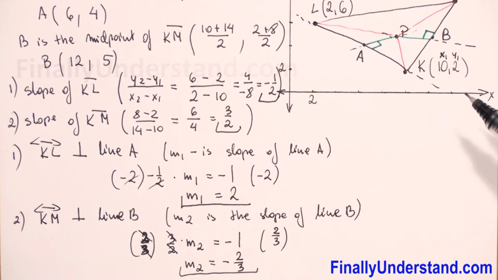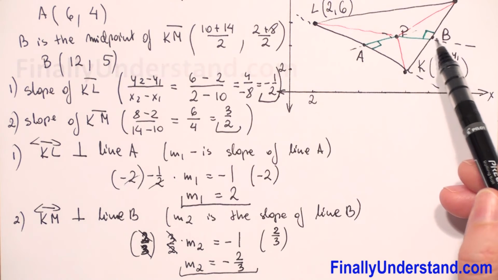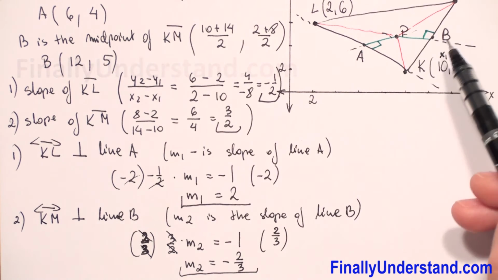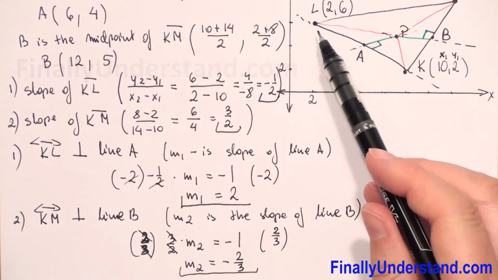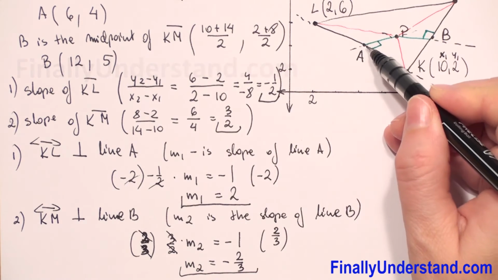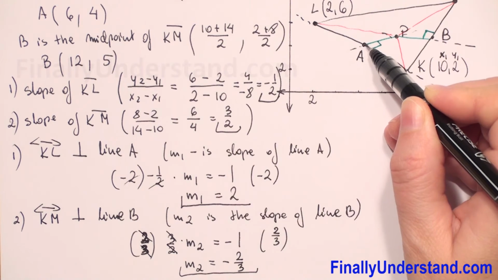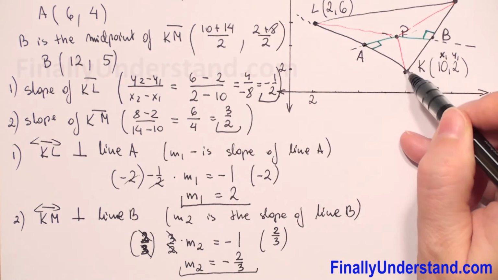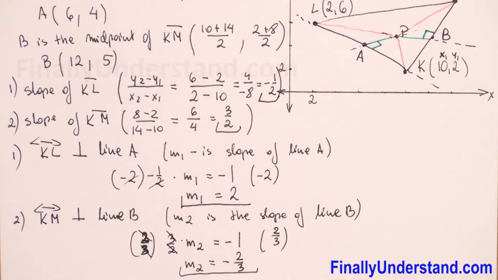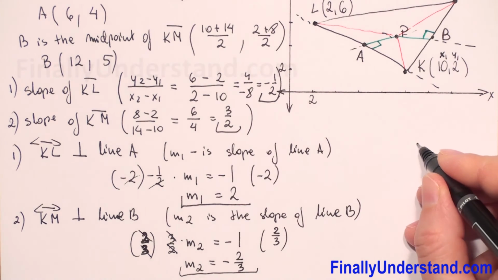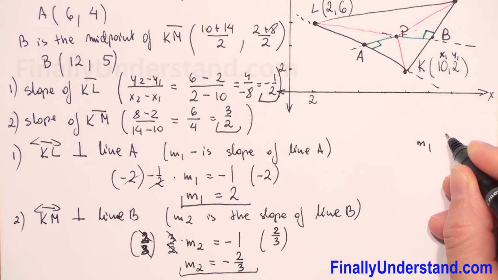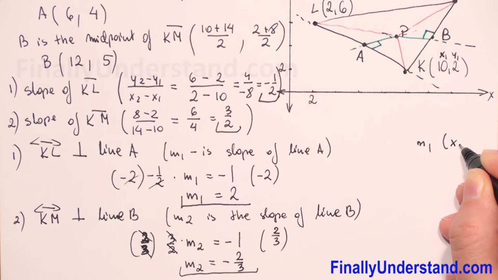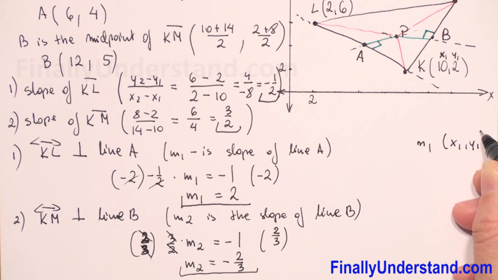We found the slope of the line which is perpendicular to KM and KL. We have one point. We know that this line must pass through point A and must be perpendicular to KL. So we will use the formula for when we are given a slope and one point. Let's put x1, y1.